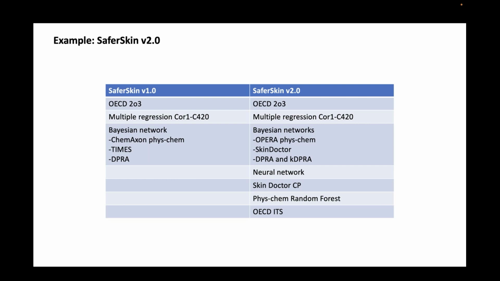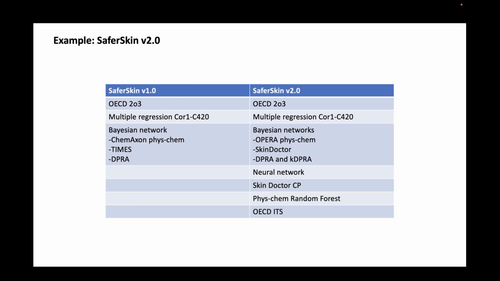So we now use Opera as an open source suite to predict PhysChem properties, and Skin Doctor CP as an in silico model, actually a QSAR model, to predict skin sensitization potency just based on the chemical structure. We also extended the initial Bayesian network proposed by P&G with an extended network that also implements kinetic DPRA as an input.